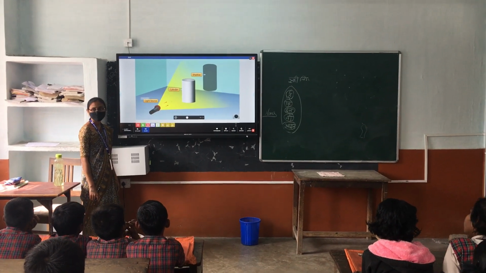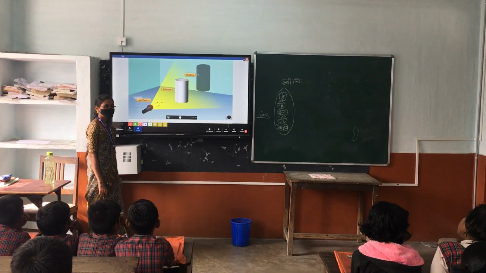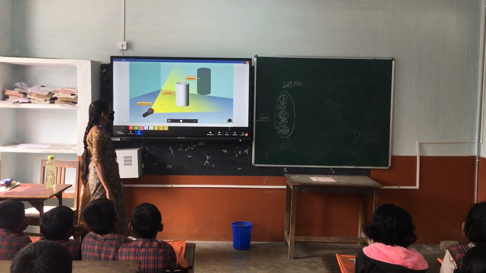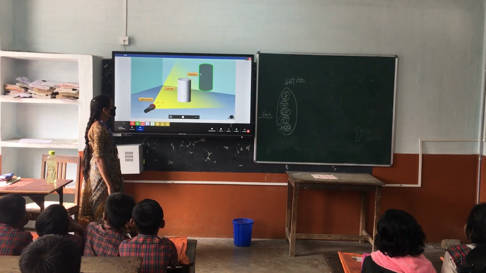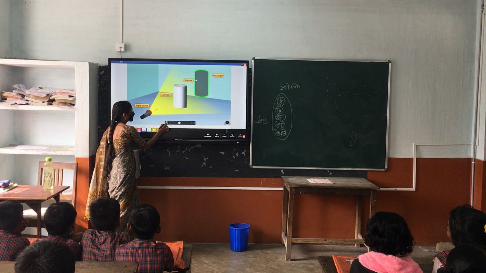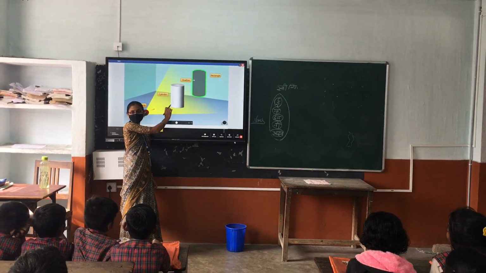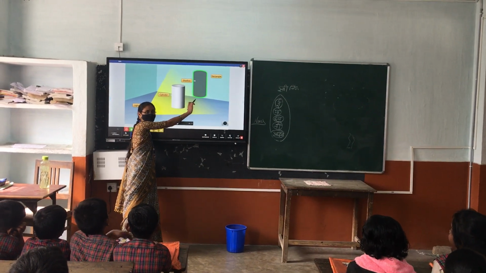The light source is exactly in front of the cylinder. Here, we can clearly see that the shape of the shadow of a cylinder is a rectangle. This cylinder is a solid shape, but its shadow is flat.